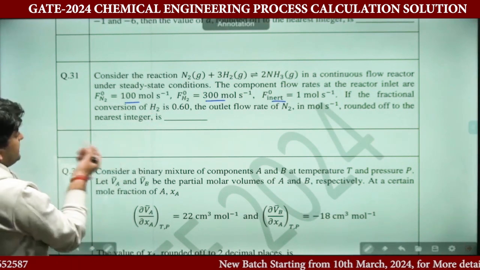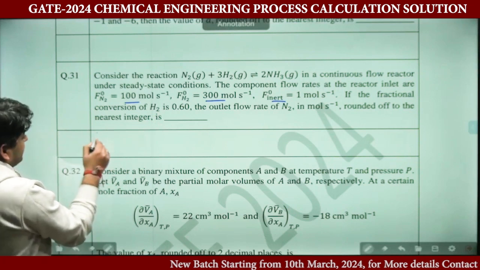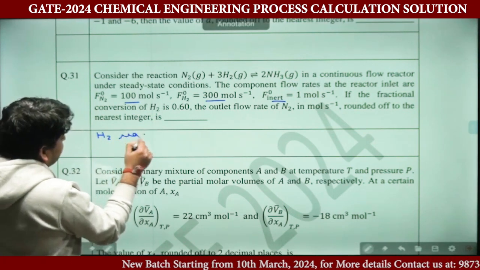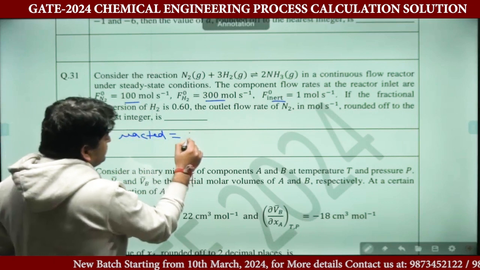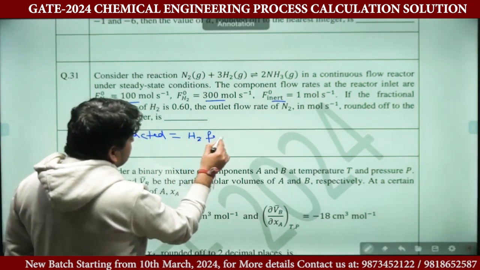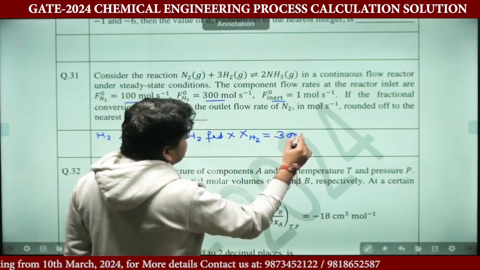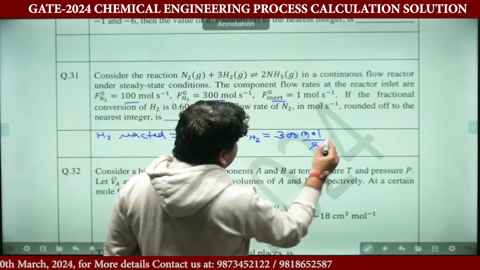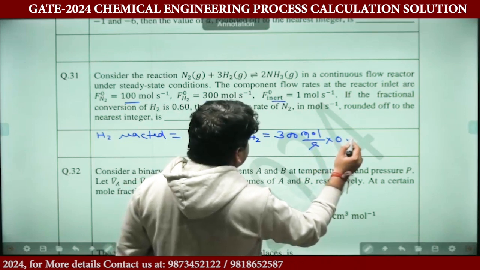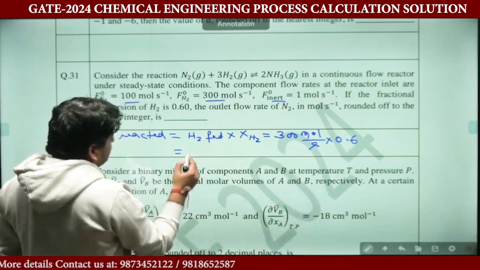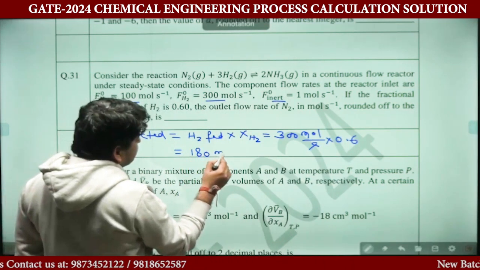So you can see from the reaction, the amount of hydrogen reacted will be hydrogen fed into its conversion. So that is 300 mole per second multiplied by 0.6. So the amount of hydrogen reacted will be 180 mole per second.